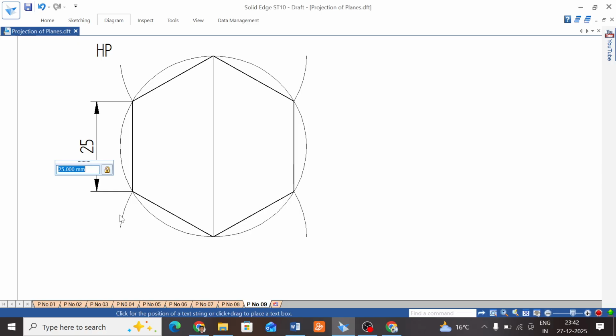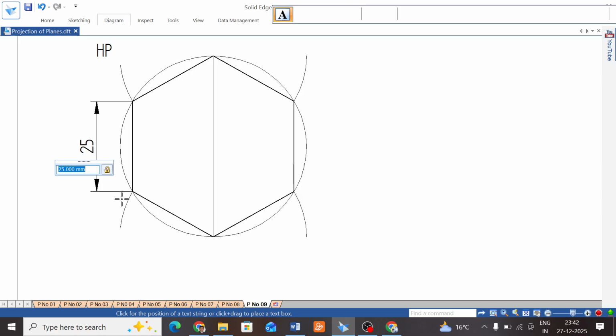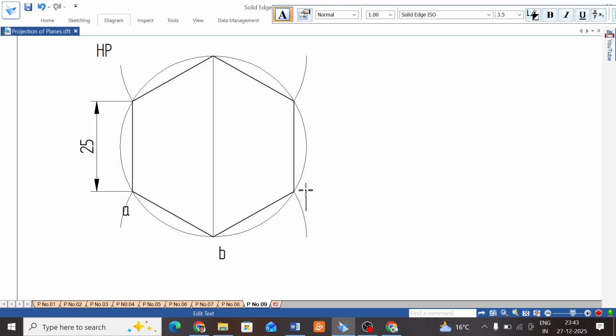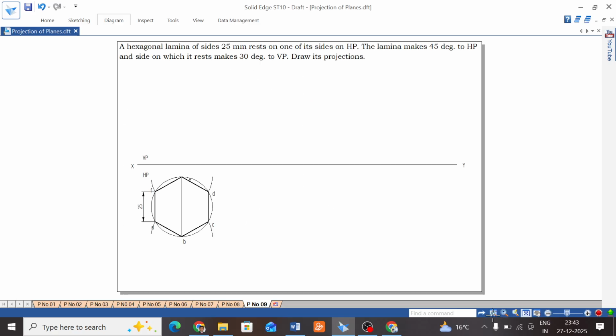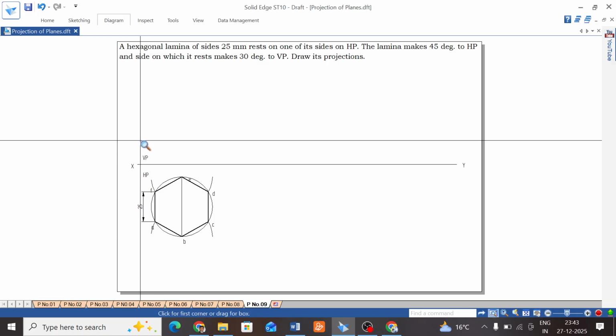Now name all six points A, B, C, D, E, F. Start with A, B, C, D, E, F, and project for the front view.